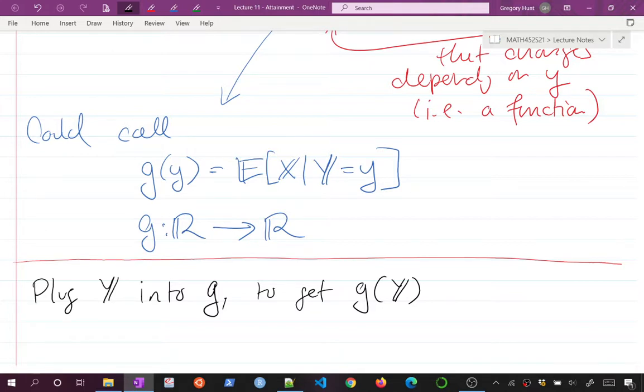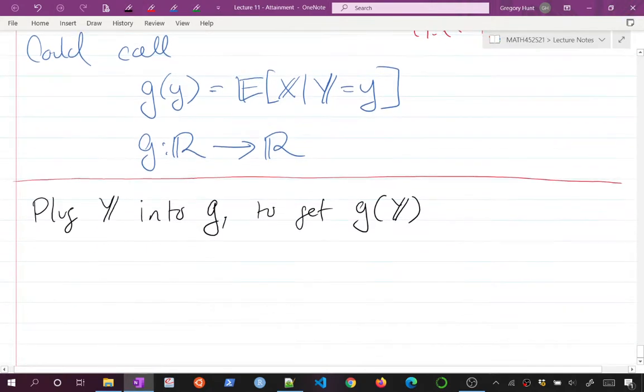It's just now our g is some very particular g. So, you know, if g of little y were y squared, you would say g of capital Y is Y squared.